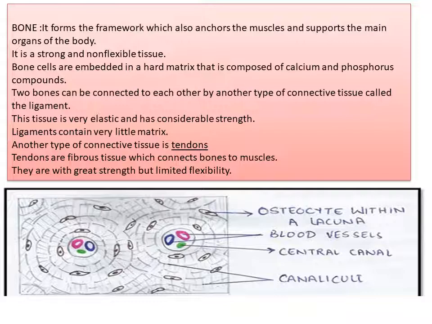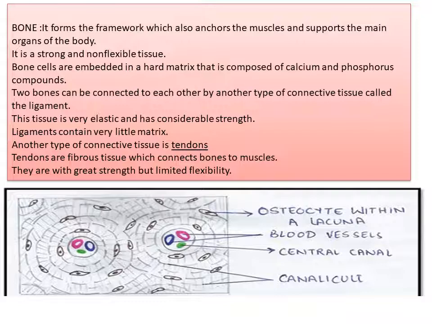And the cells are embedded in this solid matrix, and cells are called osteocytes. Connected to the bones, two other types of connective tissues are there, ligament and tendon. Let's discuss those two over here only.